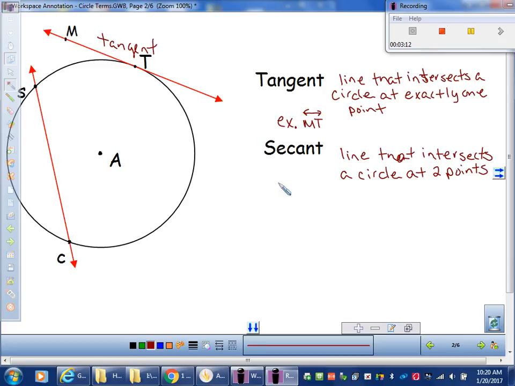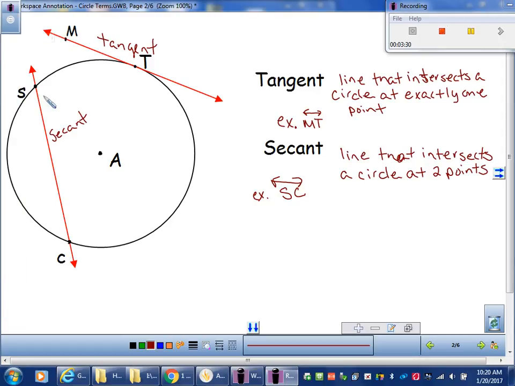So on this particular drawing, line SC would be my secant. Okay, so we've covered radius, diameter, chord, secant, and tangent. When you name a secant and a tangent, you name it by a line, which means you need 2 points on that line and the line symbol over it.